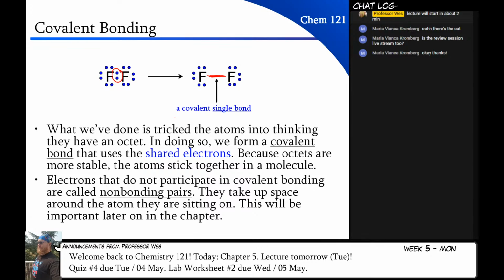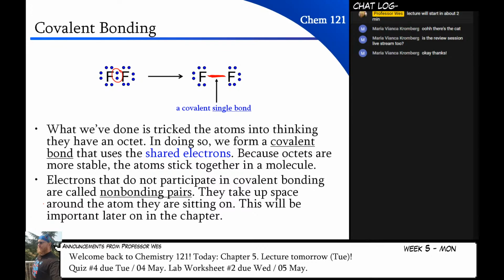Anytime you have 2 electrons that are shared, you draw a line. If you share more than 2 electrons in different directions, you draw lines in different directions, or even in the same direction if you're sharing more than 2 electrons. So a line represents 2 electrons.